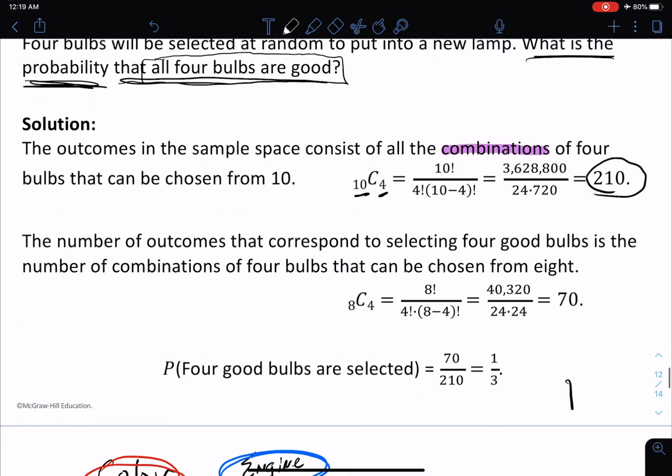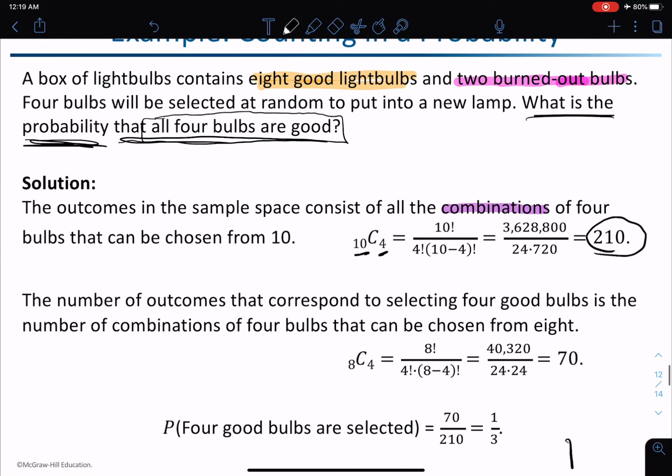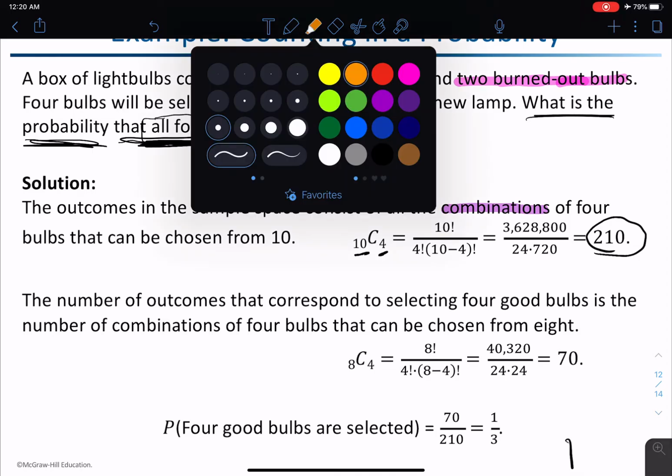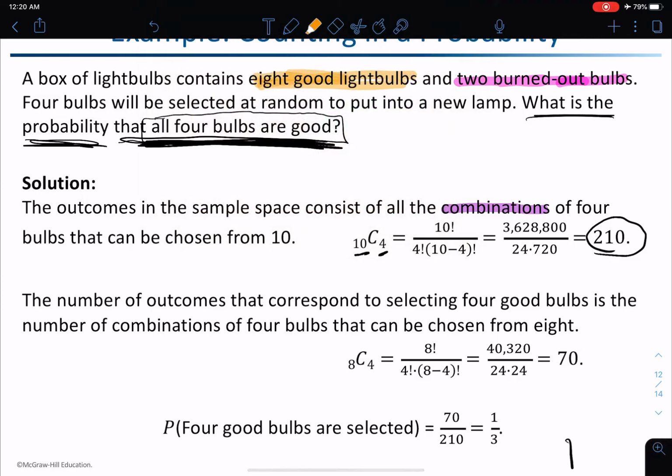Now, the desired ones that we want, right? Our event is, we want to know what's the probability of this happening, all four being good. So how many total good bulbs do we have to pick from? We have 8. Here it is right here, 8 good bulbs.